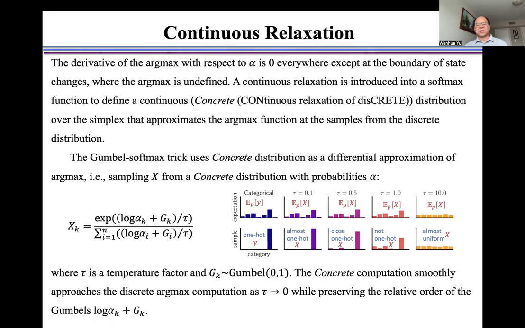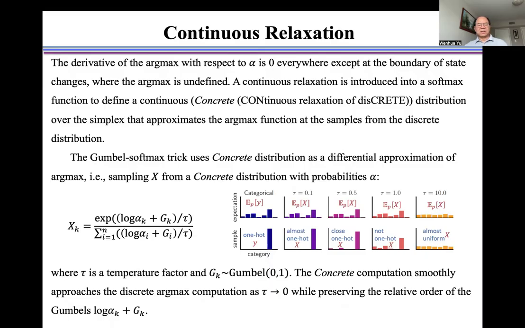A continuous relaxation is introduced into a softmax function to define a continuous distribution over the simplex that approximates the argmax function at the samples from the discrete distribution.